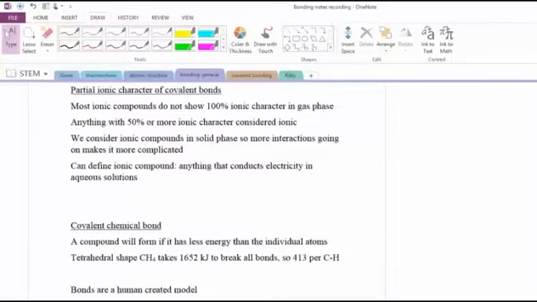All right. So, covalent bonds are going to have a little bit of ionic character because we have charge separation, but not a complete one. We have a charge distribution, it's not really a separation. Okay, so anything that is 50% or more ionic character is considered ionic.